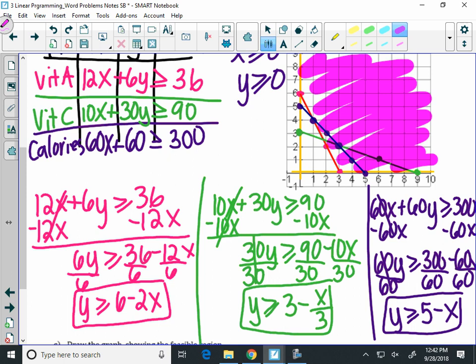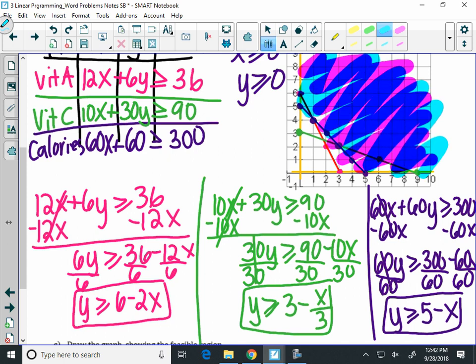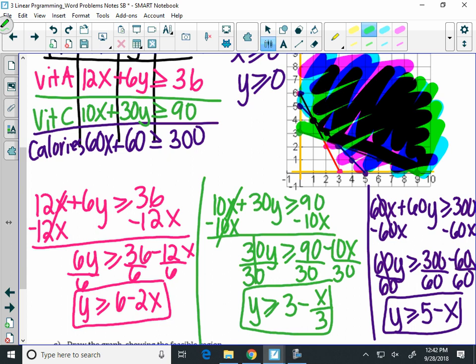Then I'm going to shade above the blue line, which would then shade all this stuff. I know it's hard to see. And then the green line, we shade above it, which shades everything else out there, which really looks a mess. So can you tell where all the shaded regions overlap?